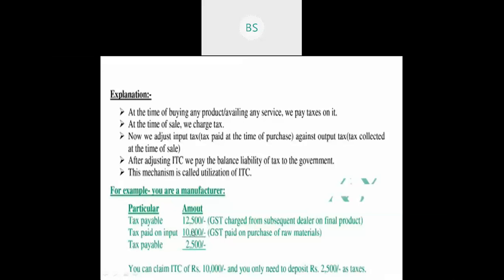And the final product he is selling for 12,500 rupees. Maybe on this 10,000 he has added the profit. The final product he is giving to the dealer is 12,500. Now how much tax does he have to pay to the government? Only 2,500 he has to pay to the government.